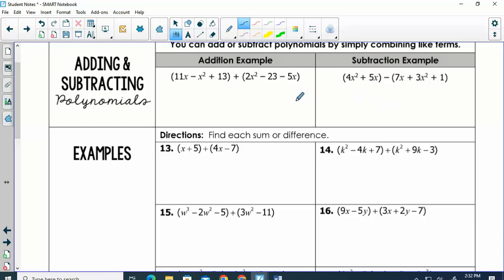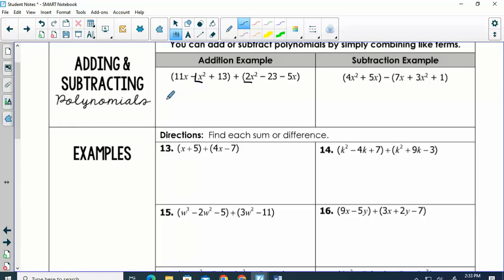So if I look at these, and I want to combine like terms. If I want to put it in standard form, which power would have to come first? We have an x, we have an x squared, we have a number. The x squared. We always go with the highest power first. So we're just adding. Here's a negative 1x squared and a positive 2x squared. So if you put those together, you get 1.